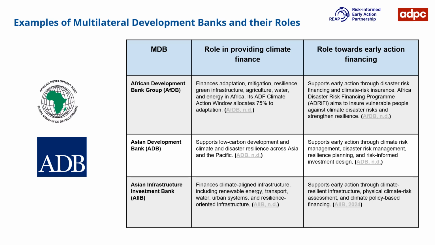Its relevance to early action lies in climate risk management, disaster risk management, resilience planning, and risk-informed investment design. The Asian Infrastructure Investment Bank focuses on climate-aligned infrastructure, including renewable energy, transport, water, urban systems, and resilience-oriented infrastructure. Its work can help ensure that infrastructure investments are designed with future climate risks in mind.